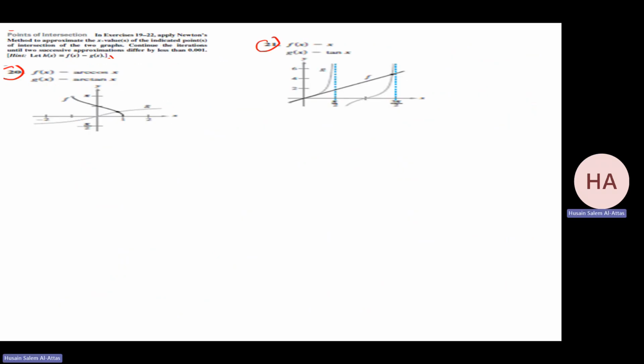Okay, point of intersection, let me explain it more. Now I need to find how to deal with it if I have the point of intersection between two functions. It means I'm dealing with the function which has the difference between them. So my function will be tan inverse of x minus cosine inverse of x. So h prime is 1 over 1 plus x squared minus minus, so it will be plus 1 over square root of 1 minus x squared.